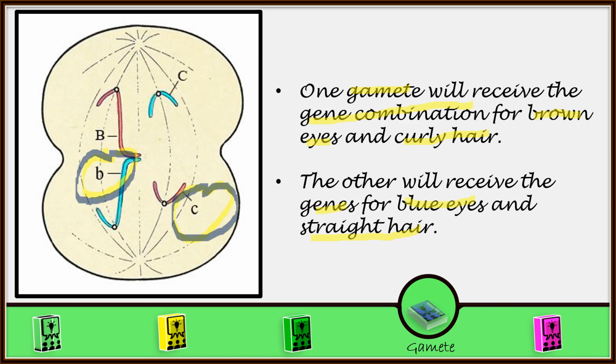And then the upper one we have brown eyes and curl hair. So the cell up is going to have brown eyes and curl hair. And then the one down will have blue eyes and straight hair.